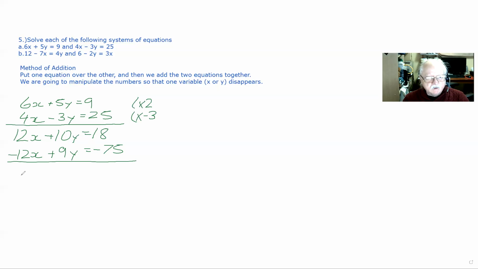And now when we add, our x disappears, so 0x. We've got a positive 19y, and we've got 18 minus 75 equals a negative 57.